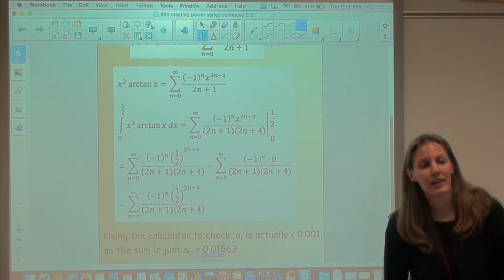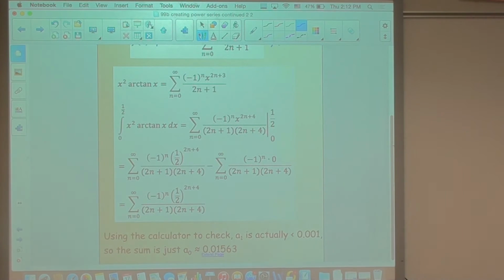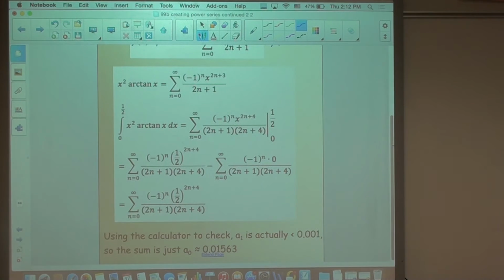Yes, Karen? My calculator is not showing it. It's just the same as hers. What are we talking about? When you plug it in, I've got just 0.133. I have the same thing as her, but I keep getting different answers.